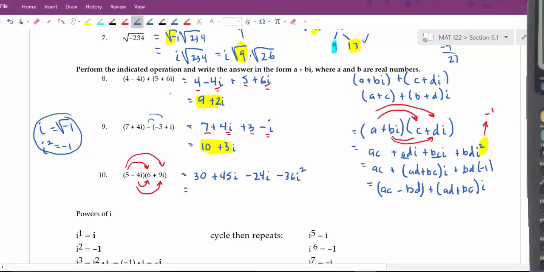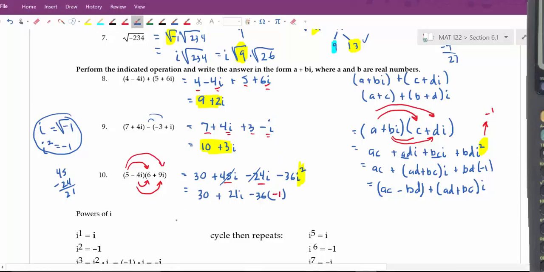Okay, you can think of combining like terms. If you want to think of it this way, you can do 45 minus 24. I do that kind of at the side if I need to. 45 minus 24 is 21. So I'm going to bring down the 30, and then these two things go together to make plus 21i. And then when you see the i squared pop up, which you will see on this, you're going to replace that with negative 1.